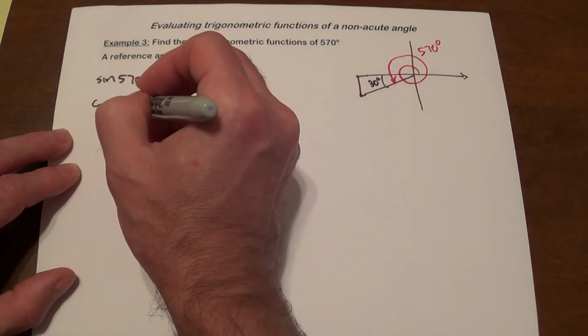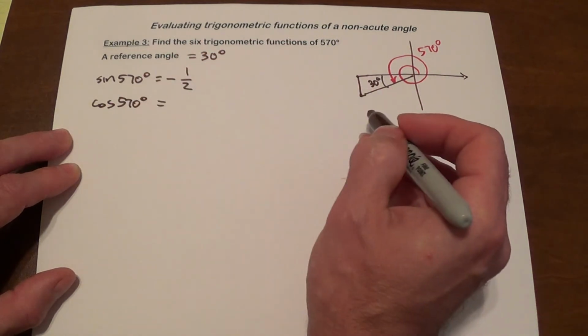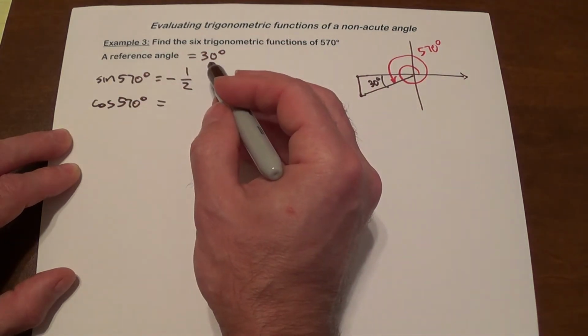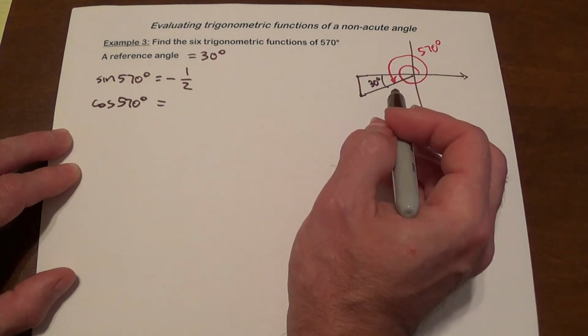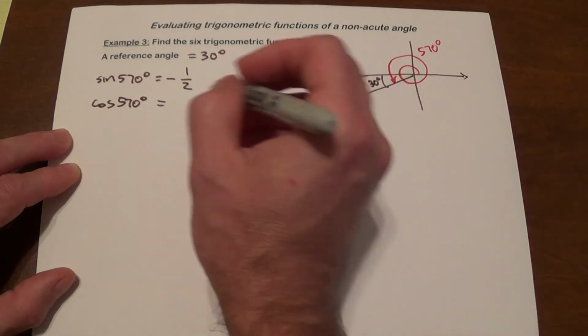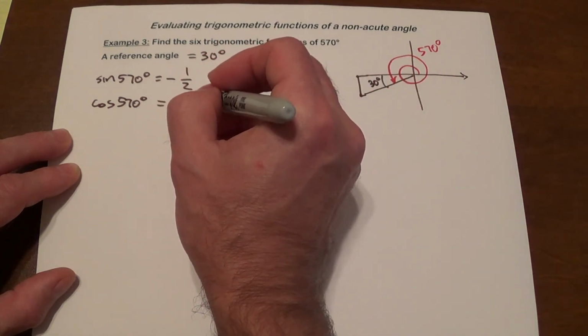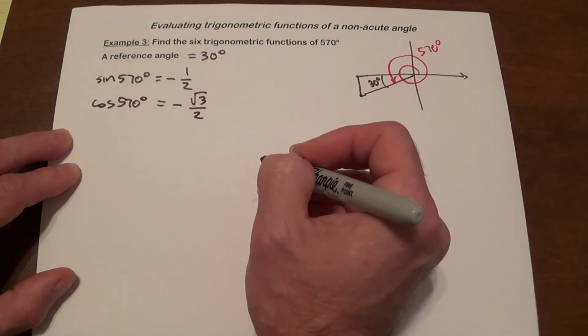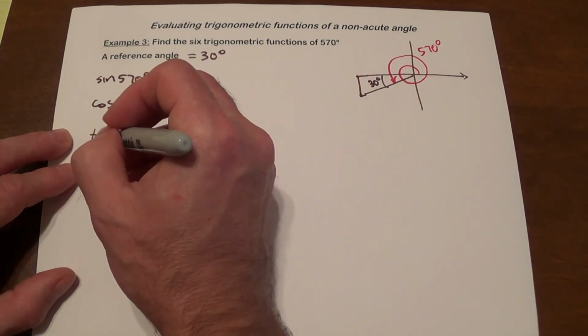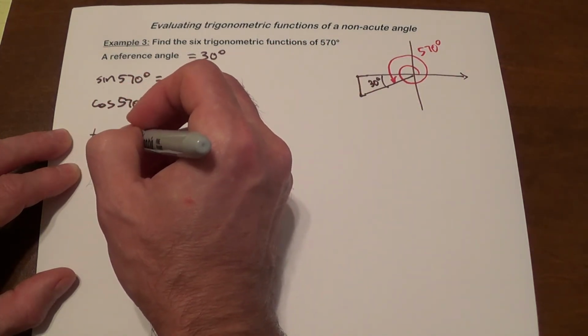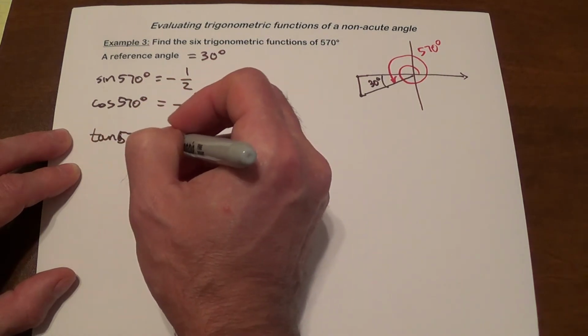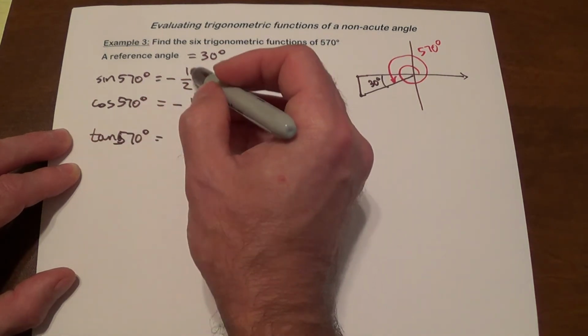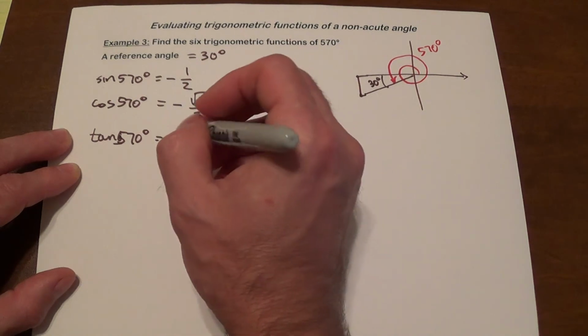Cosine 570 degrees is going to be, so cosine 30 is square root of 3 over 2. We are in quadrant 3. Cosine is also negative, negative square root of 3 over 2. Tangent of 570 degrees is going to be sine divided by cosine.